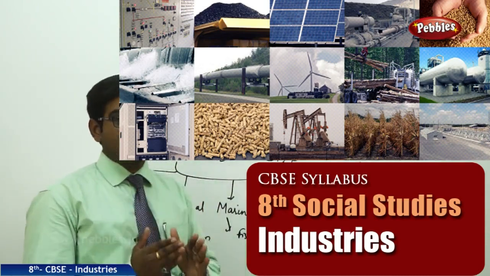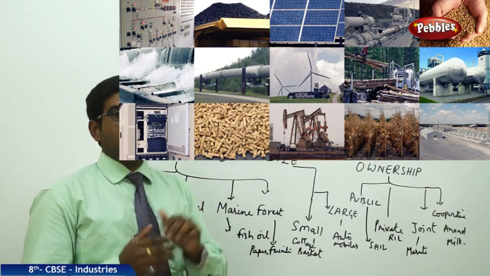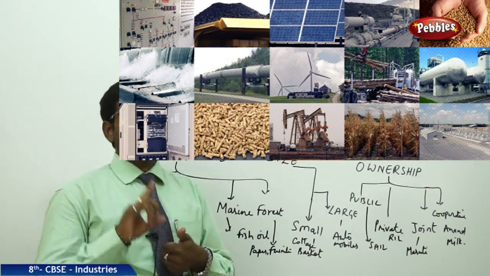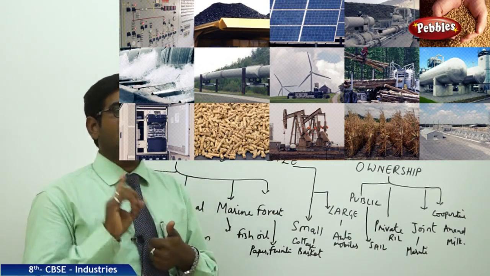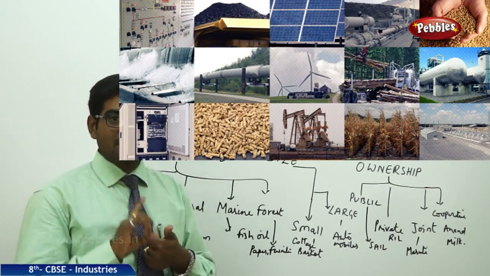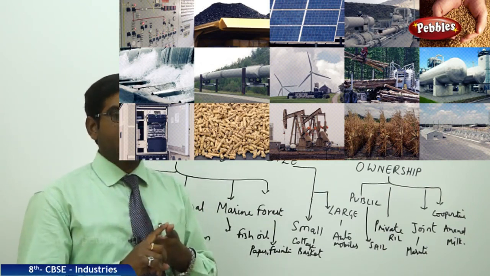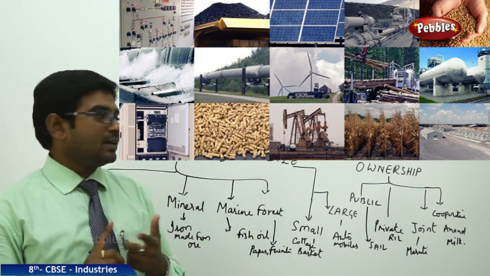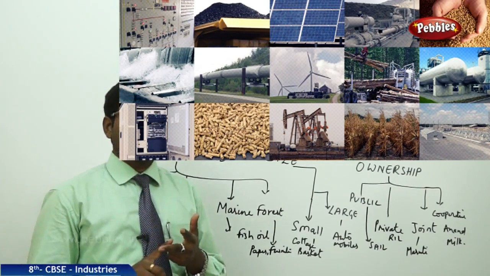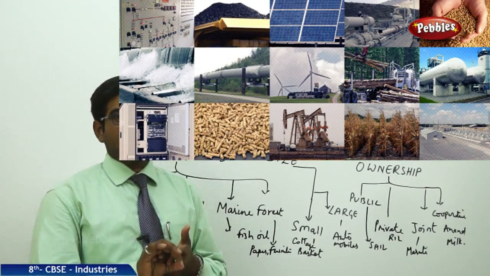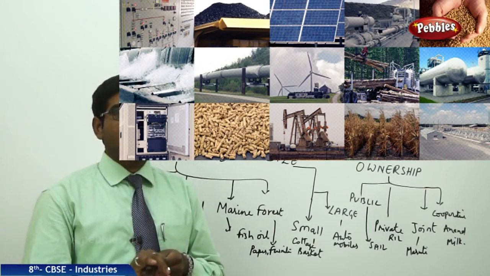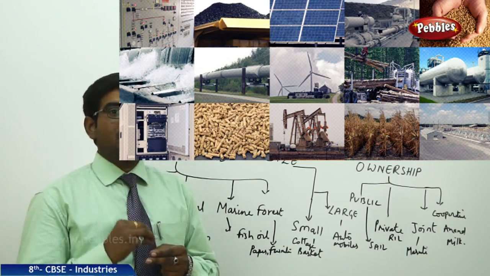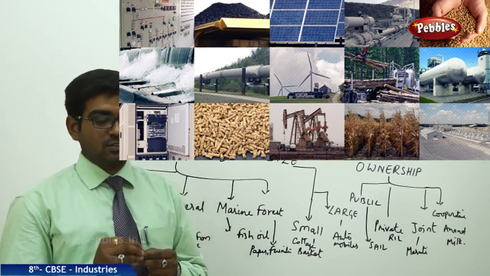So the first one is based on the raw material, from where does the raw material come. Second one is size. And third one is ownership. Who owns the industry? So these are the three different criteria used for classification of the industries.